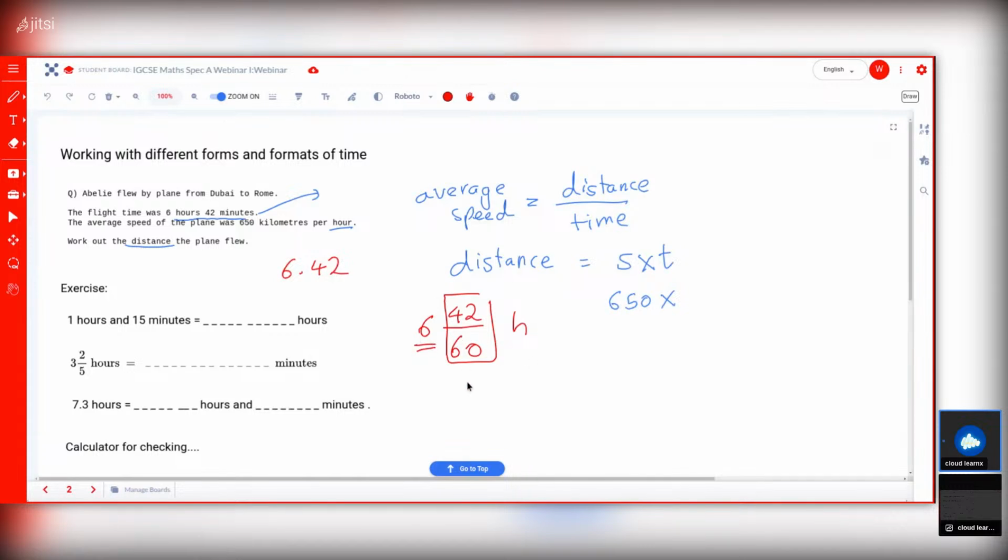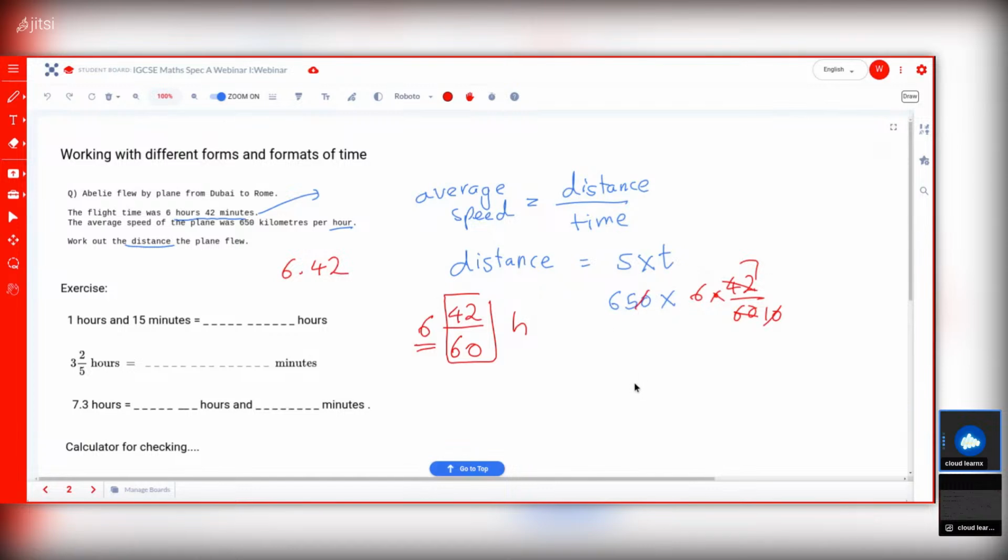From here onwards, you could convert it to an improper fraction, anything you want. So we'll work with this: 6 times 42 over 60. We could also simplify this and say 6 times 7, 6 times 10.